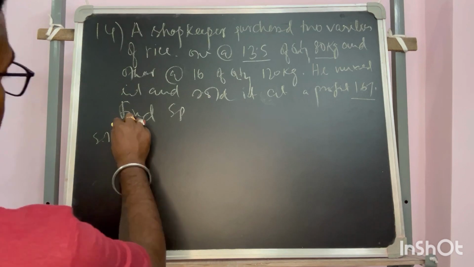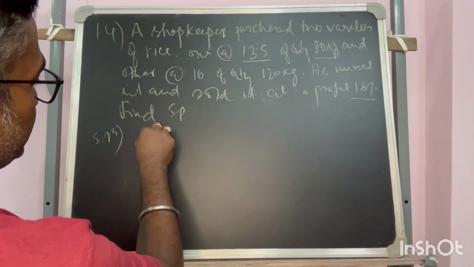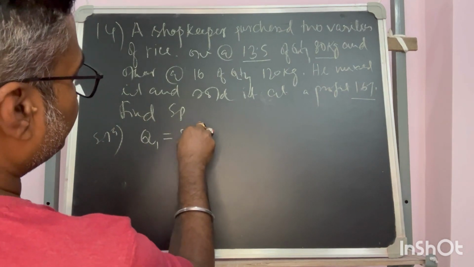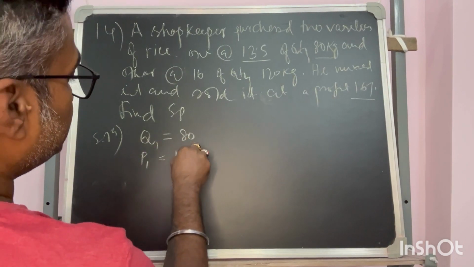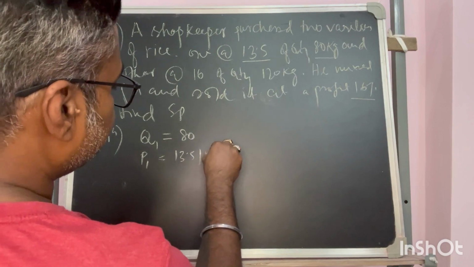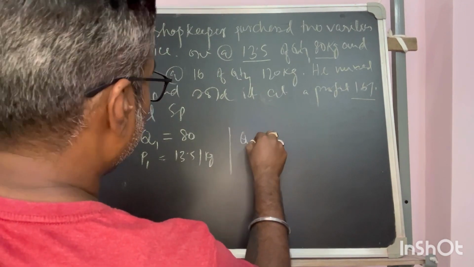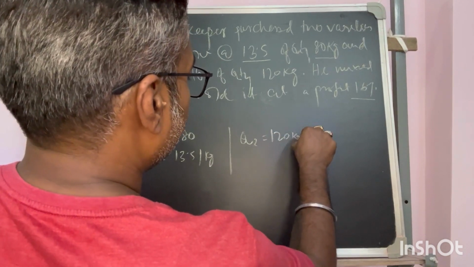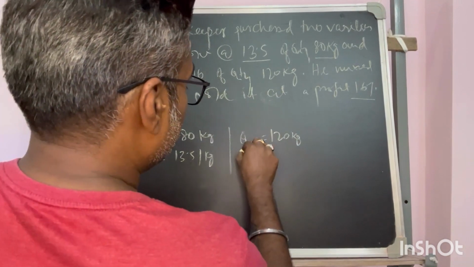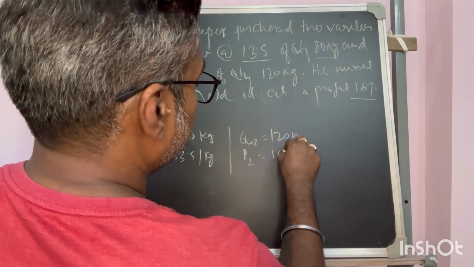happen. So what we will do: for the first case the quantity Q1 is 80, price P1 is 13.5 per kg. For the second, quantity Q2 is 120 kg, and the price P2 is 16 per kg.